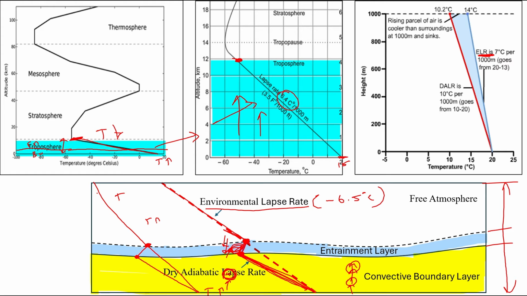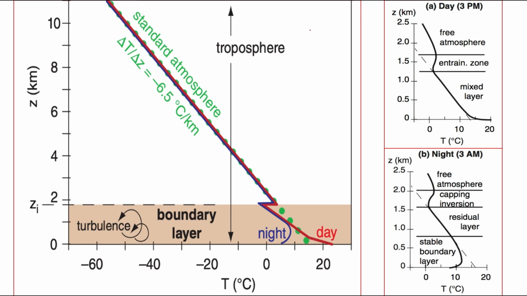So the original temperature profile will not be a single straight line, it will be like this. So this is how the temperature profile varies, and this is how the entrainment layer is required to balance the temperature difference.